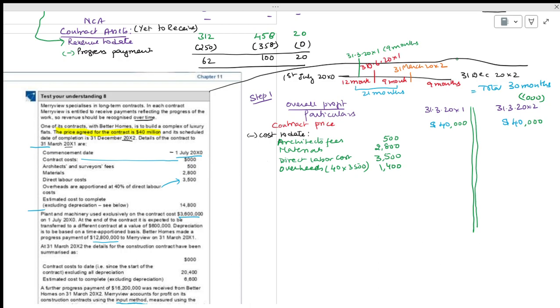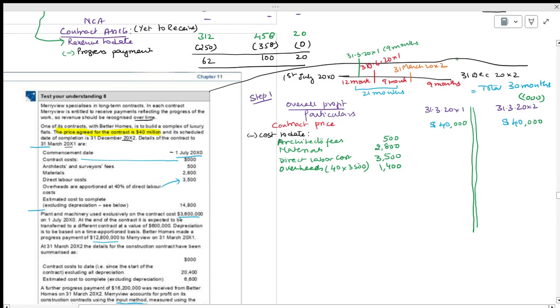Is it clear? Next, what do we have to add? Anything else?